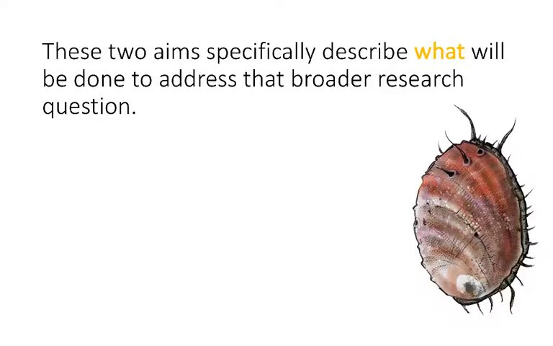So what I'm going to show in the next slide is two aims that I wrote that specifically describe what is going to be done in the lab or in the field to address that broader research question that has been introduced.